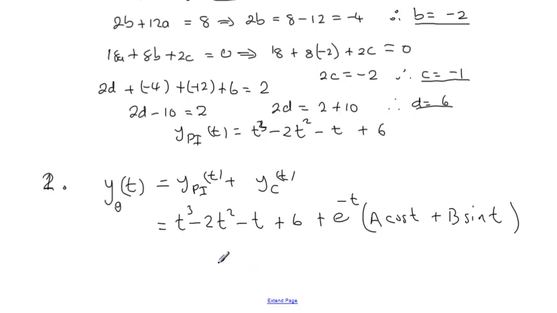So most important is the fact that whenever we are dealing with polynomials, we must look at the order of the polynomial which is on the right hand side. Then when we suggest a particular integral, we suggest a particular integral which is of the same type in its most general form.